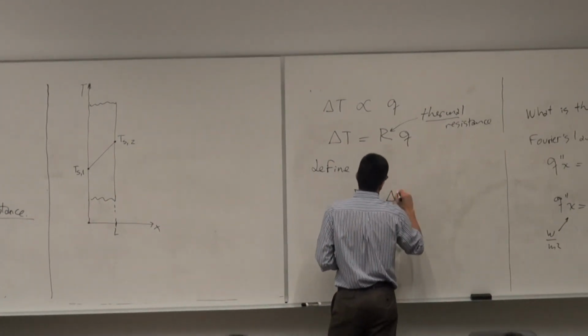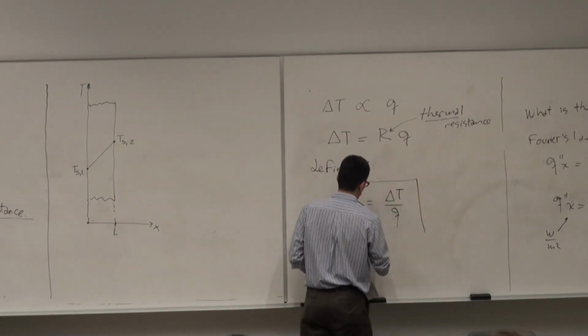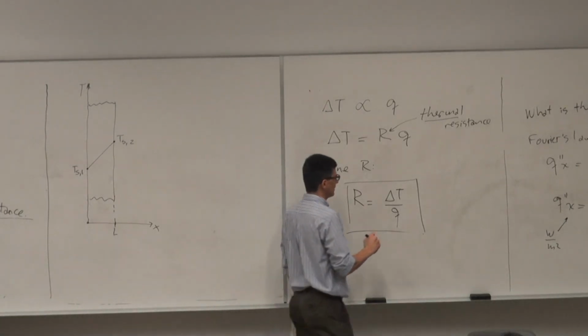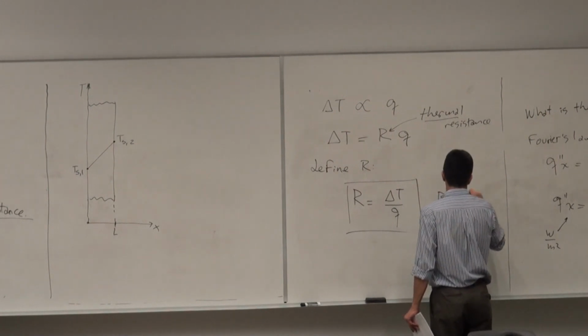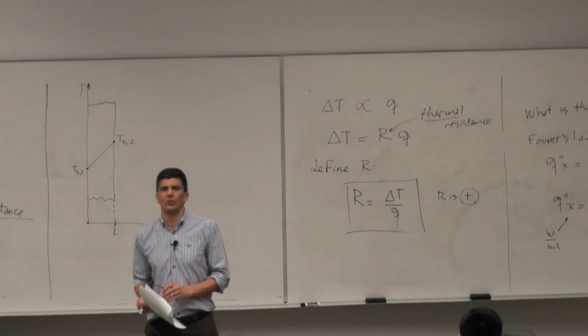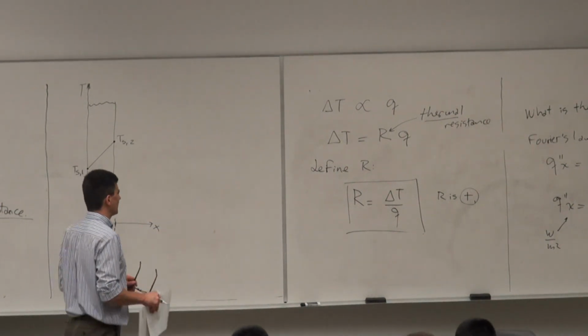As delta T over Q. R is positive because in reality I'm talking about absolute values. I'm not worrying here about the minus sign and all that stuff.